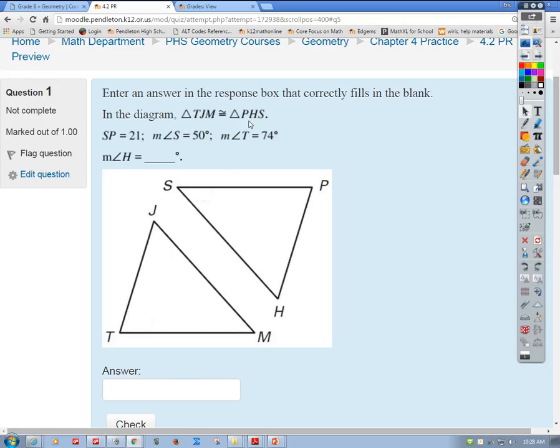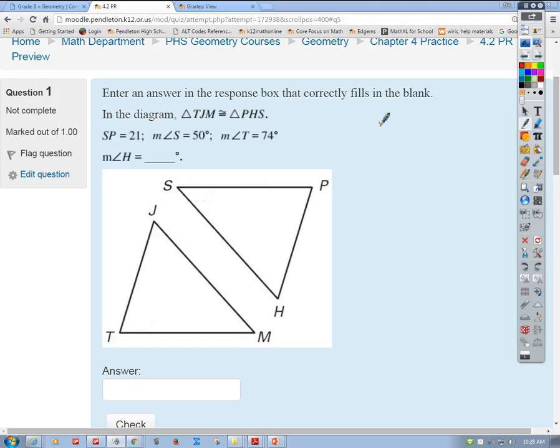Now remember, when we write a triangle congruence like that, it's not like it was with segments or angles, where the order in which we wrote the vertices didn't really matter.